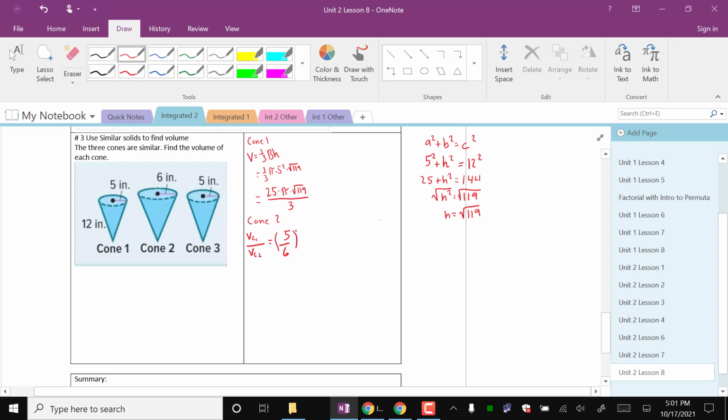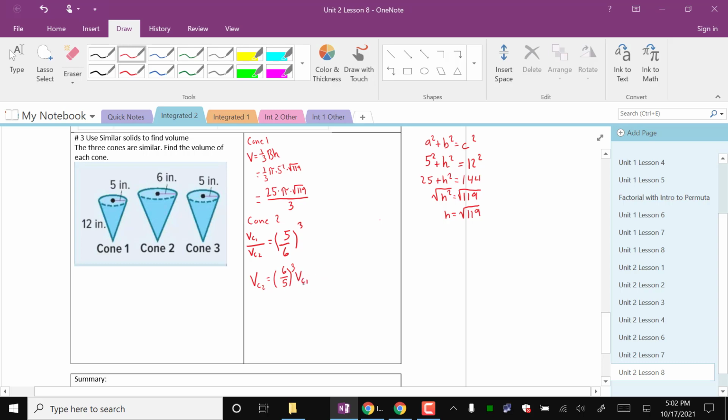We're dealing with volume, so we're going to cube this. But I don't want cone 1, I want to solve for cone 2. To do that, I'm going to multiply both sides by the volume of cone 2 and then divide this out. So this gives me the volume of cone 2 equals 6 over 5 cubed times the volume of cone 1.